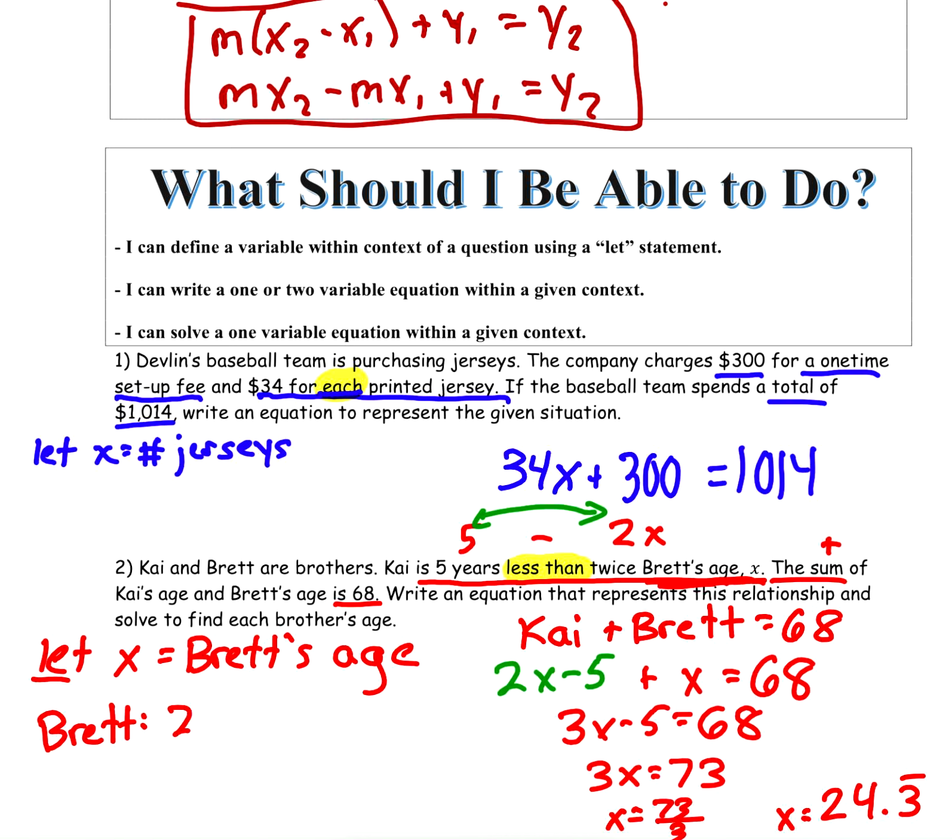Brett is 24.3 repeating years. And now we just have to find out what Kai's age is. So we're going to plug that x value into Kai's age, which remember, Kai's age was 2x minus 5. So that would be 2 times 73 over 3, our x value, minus 5.